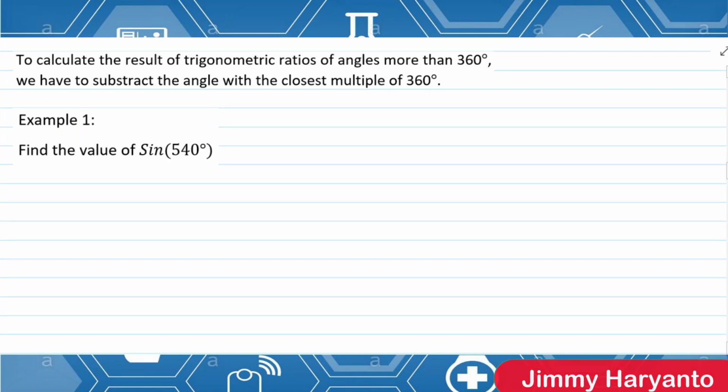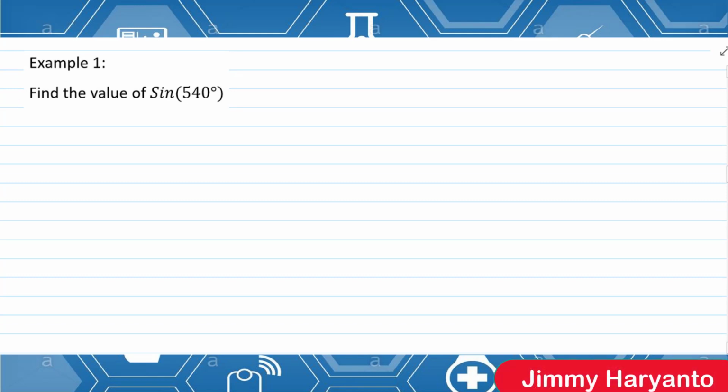For example 1, find the value of sine 540 degrees. Before we answer this, I want to show you the meaning of 540 degrees. As I told you before, the positive angle starts from 0 degrees and moves counterclockwise.